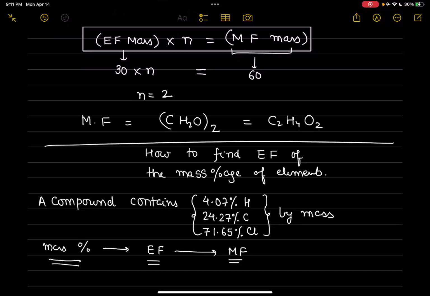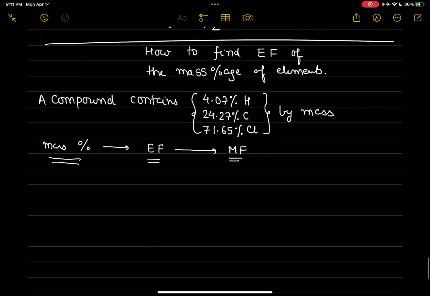Okay, great. So now, there is one more method: how to get the empirical formula. If we have the empirical formula, we can multiply it by n and reach the molecular formula. But how to get up to the molecular formula from the elemental mass percentages?